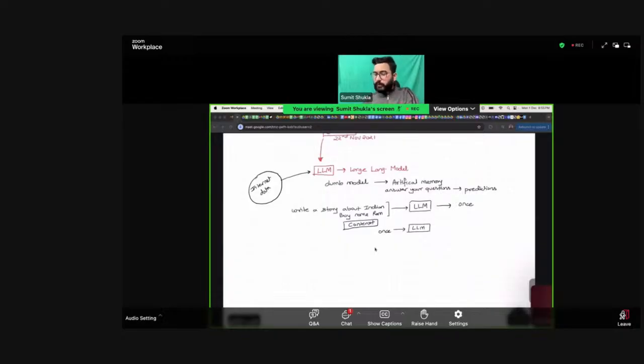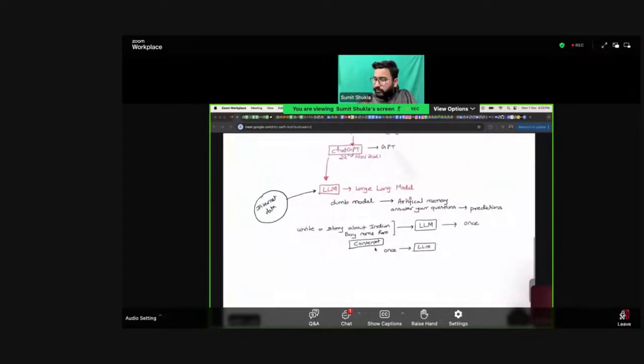So I was talking about the process, how an LLM predicts. When ChatGPT initially launched their first model, which was GPT-3, that was a very basic model, and that was essentially a dumb model. The reason I'm calling it a dumb model is because it was not able to understand the process which is known as reasoning.